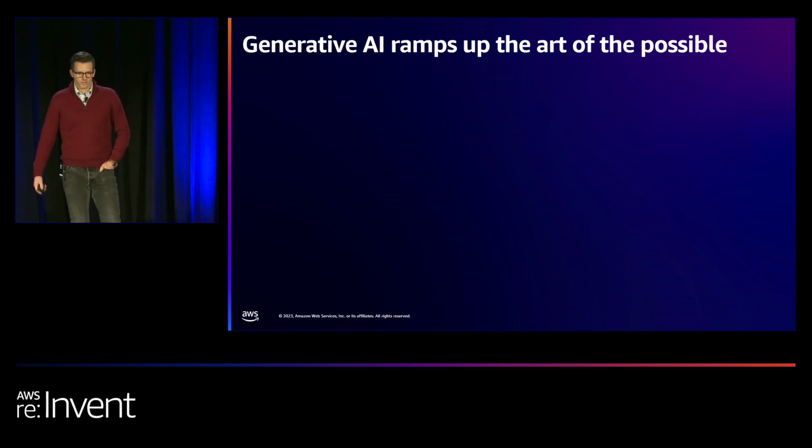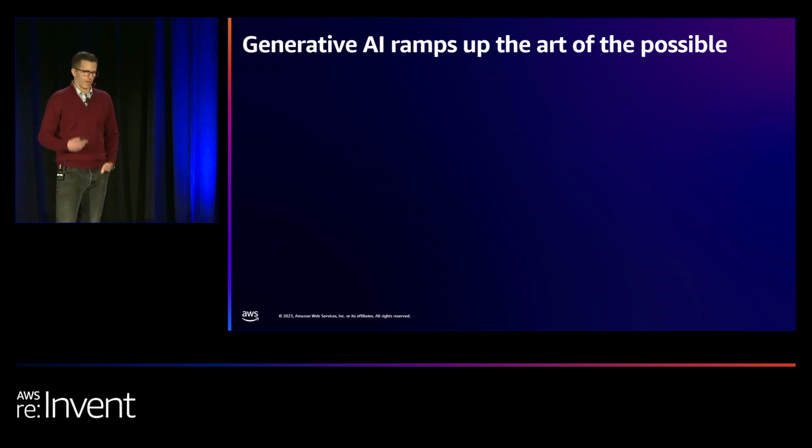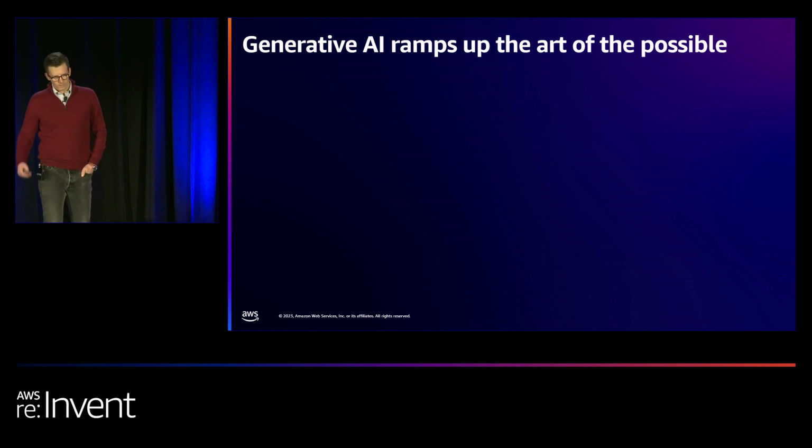Over the past year, generative AI has really taken the world by storm, especially now that the general public has experienced directly the power of the latest generative AI models through consumer apps like ChatGPT. And we're seeing more and more customers now who are building and deploying generative AI applications for a variety of use cases.